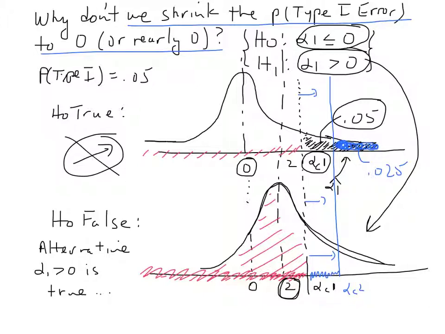The probability of failing to reject the null when the null is false, okay, is now expanded by this much, and the total amount of that probability, that is the probability of a type 2 error, has grown by this much, okay? So anytime we shrink the probability of a type 1 error, we are necessarily going to expand the probability of a type 2 error.